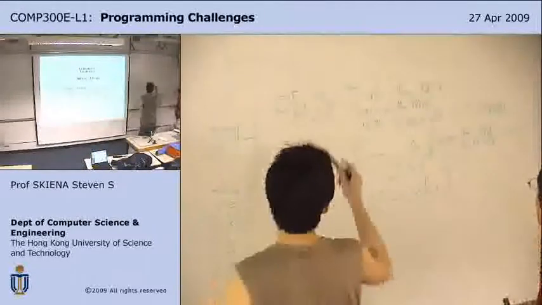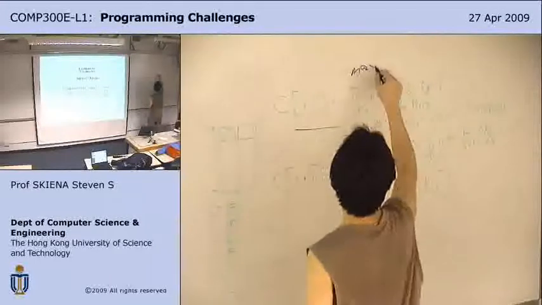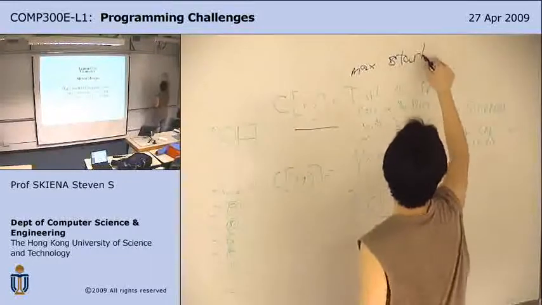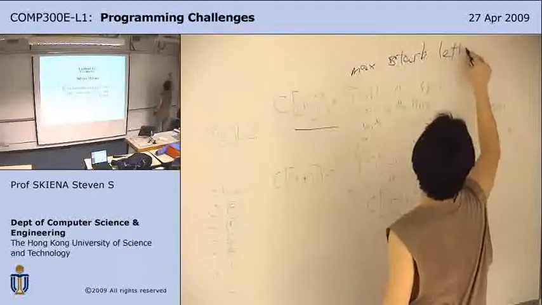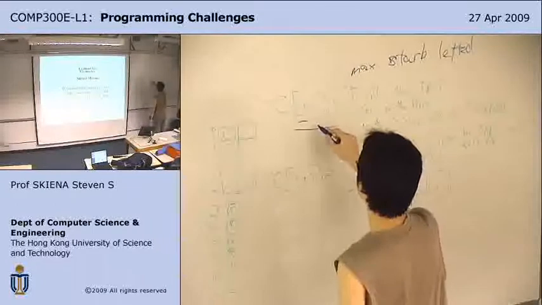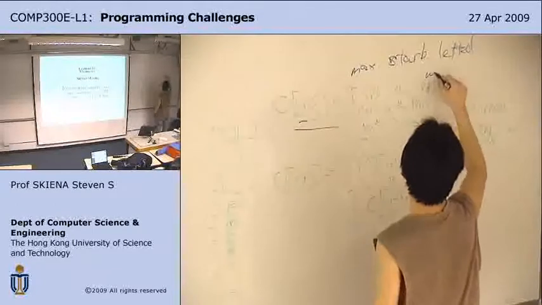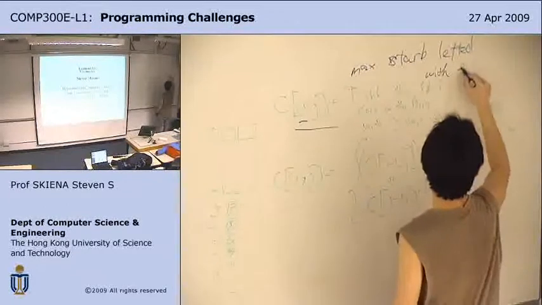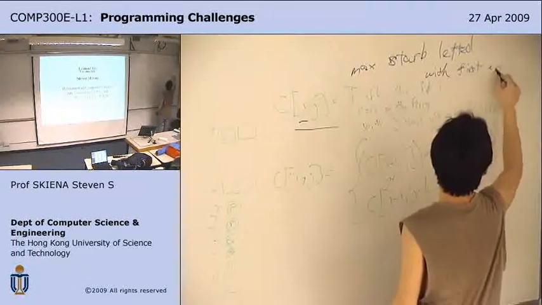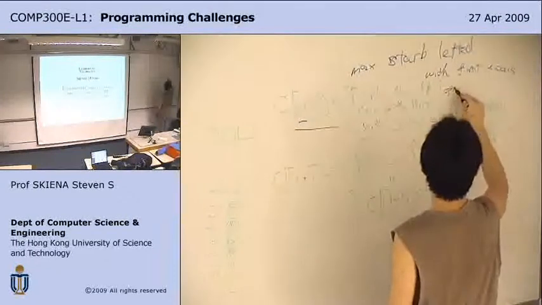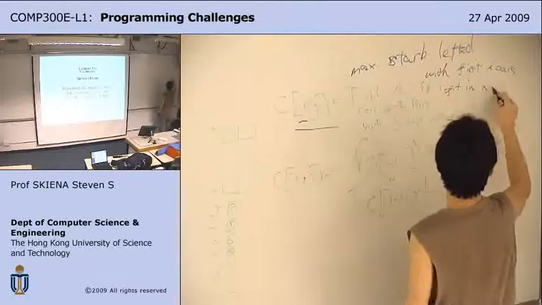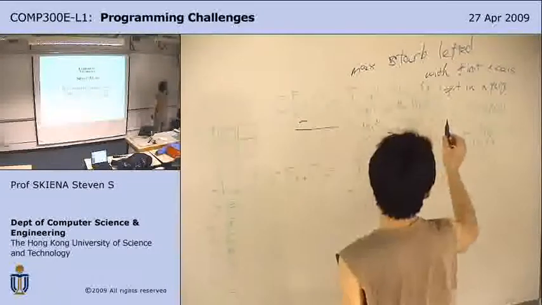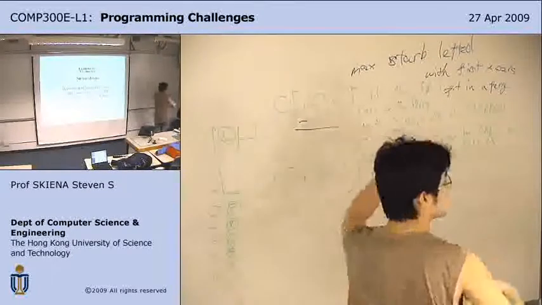That means ij equals the maximum right part, the starboard part, left it. Is it fitting with the first i cars?